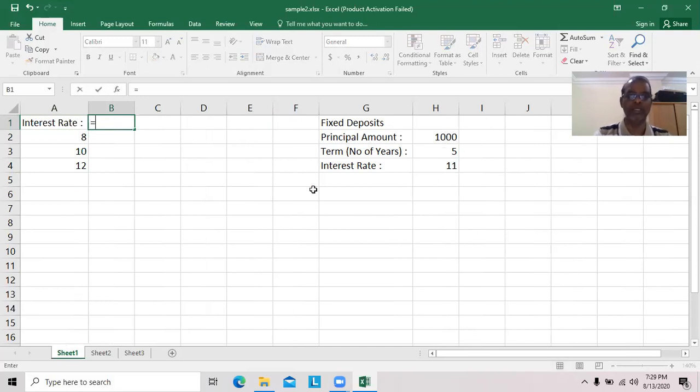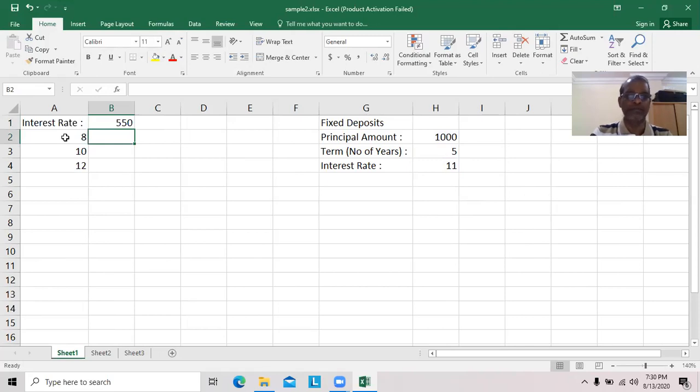Already we know very well PNR divided by 100. So P means here H2, N means H3, R means H4 divided by 100. We got 550 rupees.